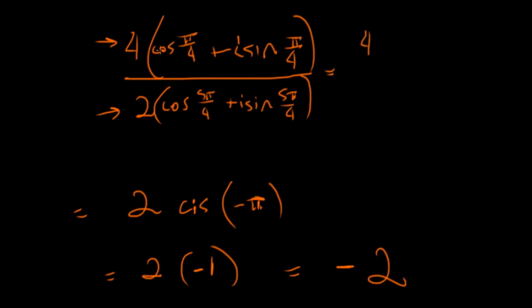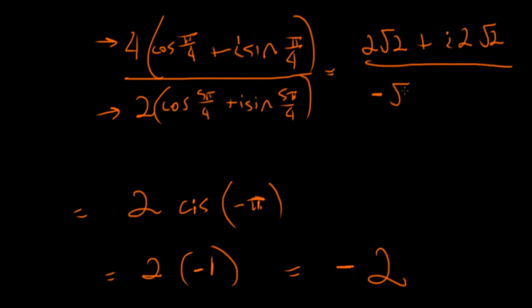4 times, what is cosine pi over 4? That's root 2 over 2. So let me actually backtrack. 2 root 2 plus sine of pi over 4. That's also root 2 over 2, so that's going to be plus i 2 root 2 divided by cosine 5 pi over 4, which is negative root 2 over 2. So we have a negative 2 times root 2 over 2.